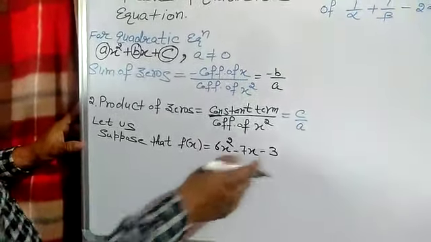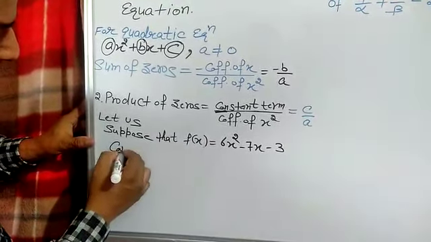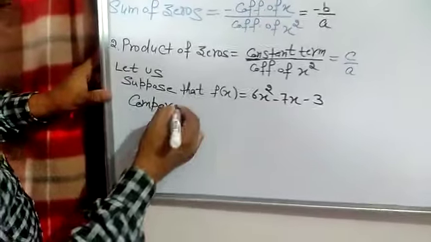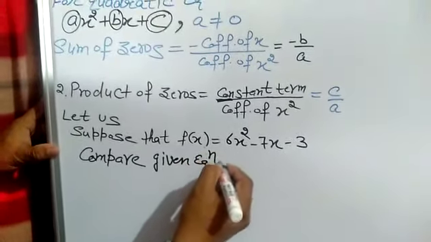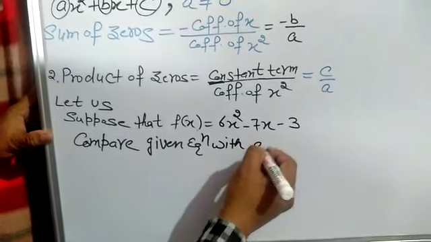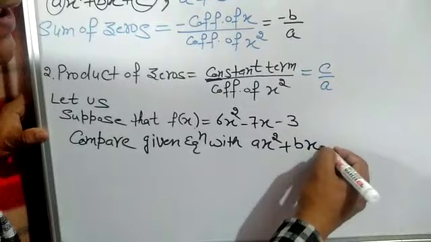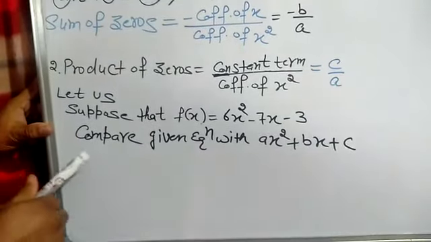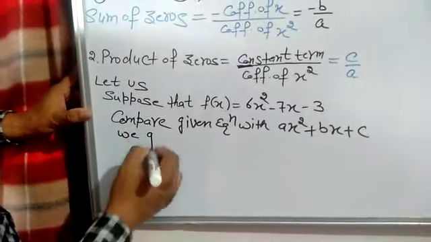So in order to find sum and product of zeros, we have to compare the given equation with the general equation of quadratic ax square plus bx plus c. Compare given equation with this equation, what do we get, students?